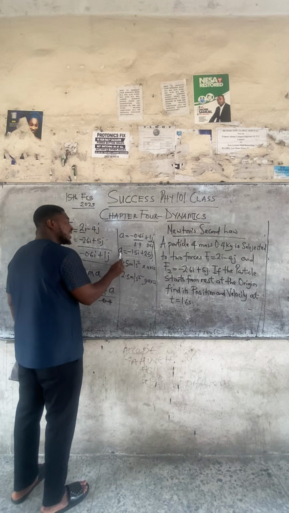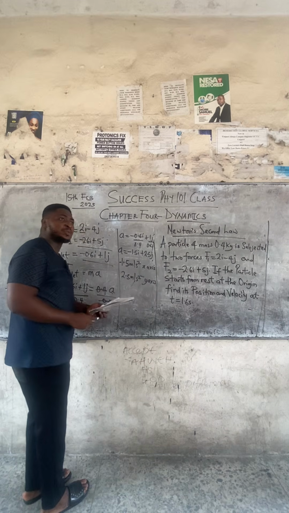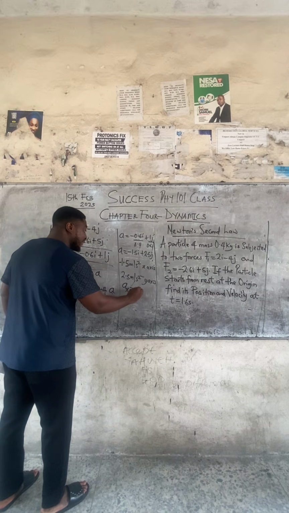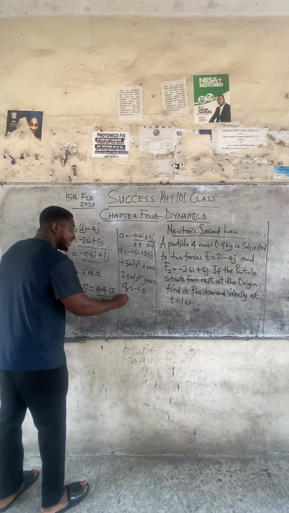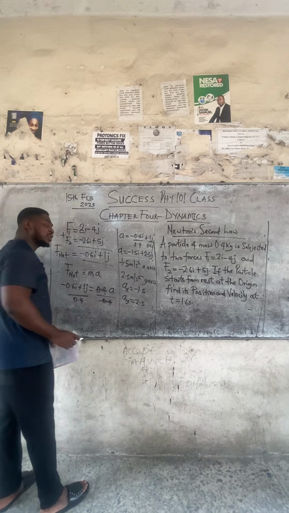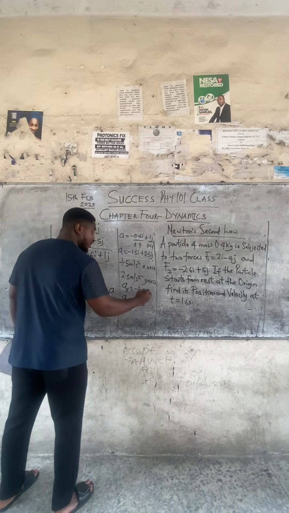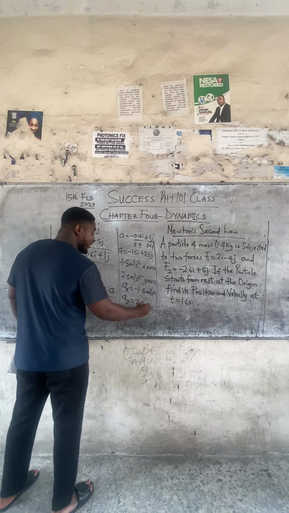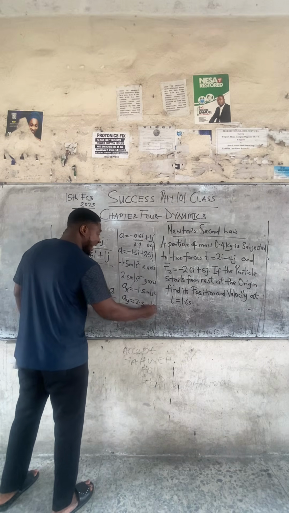So if you say acceleration is minus 1.5i plus 2.5j, it means the acceleration on the x-axis, ax, is minus 1.5, and acceleration on the y-axis, ay, is 2.5. You see why you must have been taught vector before coming here.